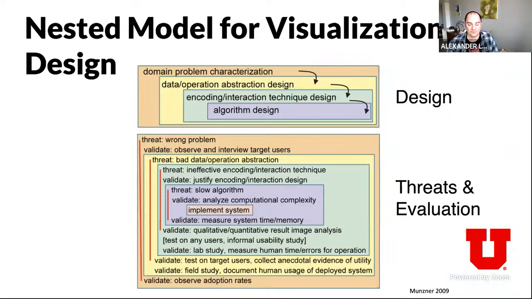You can do an informal usability study, or a formal lab study where you measure human time and error or satisfaction or anything like that. And then finally, in the middle, algorithm design: your threat could be a slow algorithm that doesn't work for the scale of the data. So you could either analyze computational complexity ahead of time and theoretically reason about whether your algorithm will work, or you could measure system time and memory after you've implemented your algorithm.